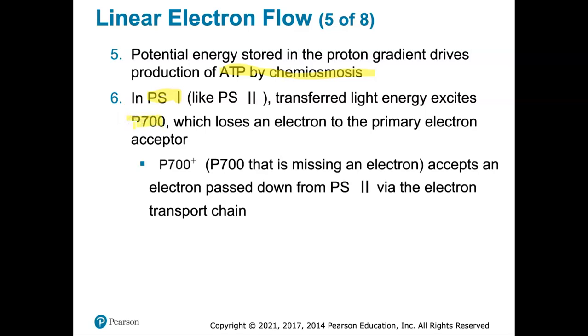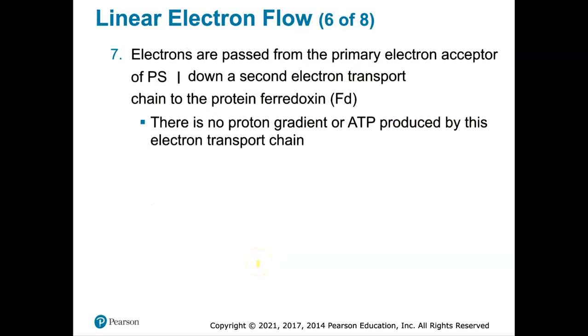And that electron receives energy from sunlight, and it is taken up by the primary electron acceptor, and then it is transported and passed down an electron transport chain again. The energy from the electrons is used to generate NADPH.